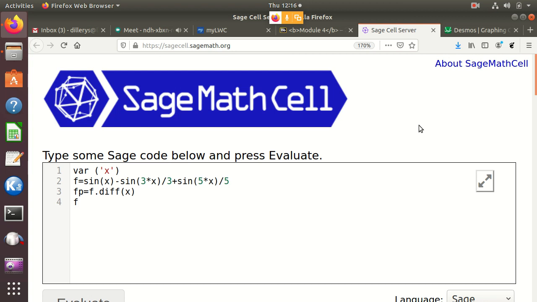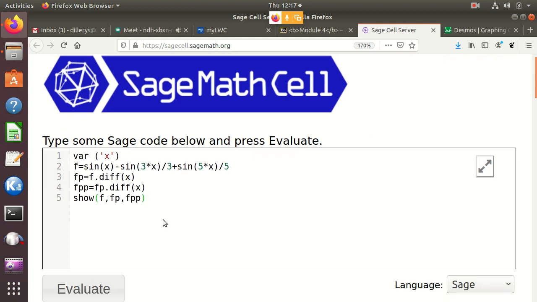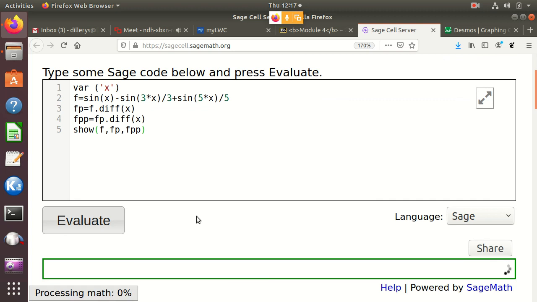And I could take the second derivative by taking the derivative of the first derivative. And so I do that. And then I can show each of these. Now I believe I could do show f, comma, fp, comma, but it may not look too good. Let's try it. f, comma, fp, comma, fpp there. And we'll see how it looks.